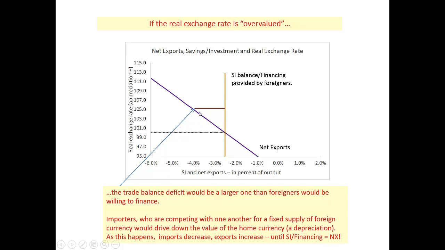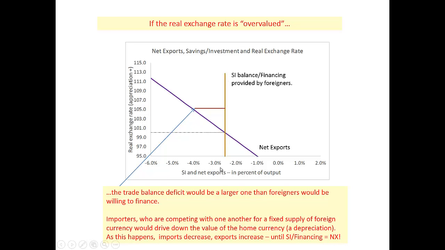Let's start off with a real exchange rate that is overvalued, that it's above its equilibrium value. In this case, the trade balance deficit would be a larger one than foreigners would be willing to finance. People would like to import more, and they're exporting less than the financing that foreigners are providing. So think of importers, they're competing with one another for a fixed supply of foreign currency right here.